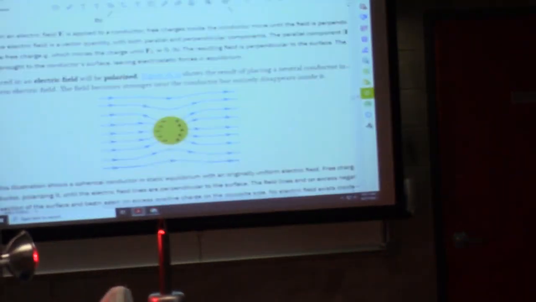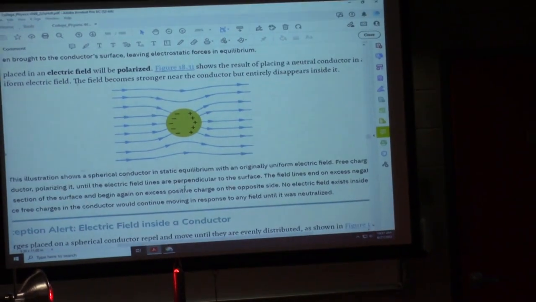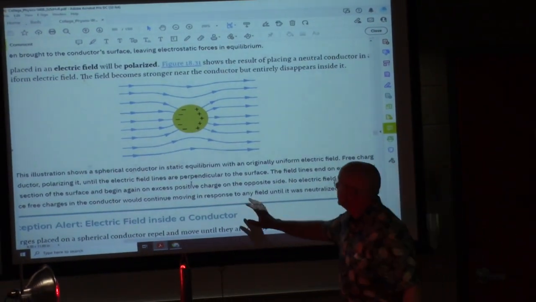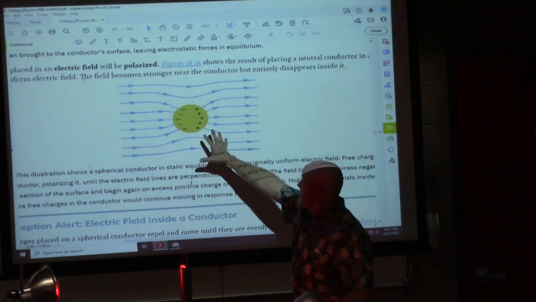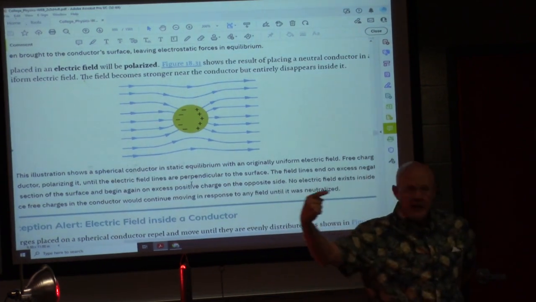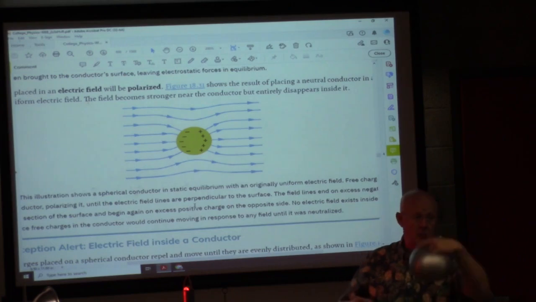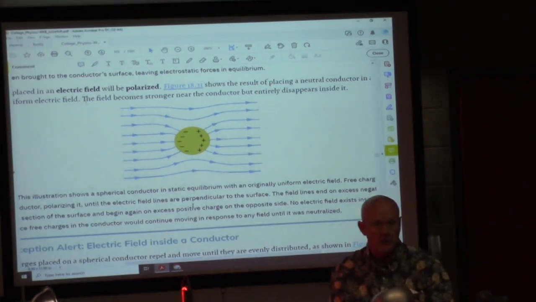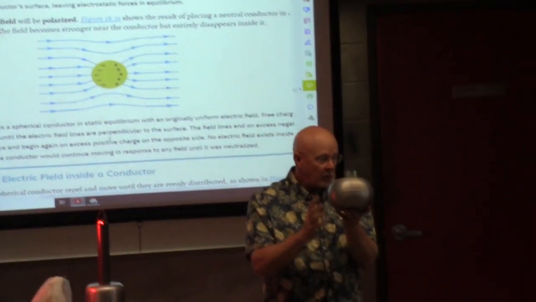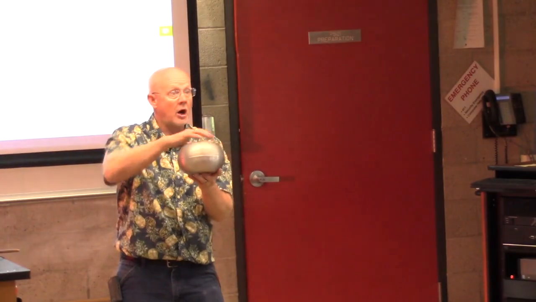Watch, his next picture does this much better. Now, he doesn't draw the before picture, but he should. If you take this sphere away and you just imagine an electric field going straight across, and now you put a metal ball in there, the charges in here are going to move around.